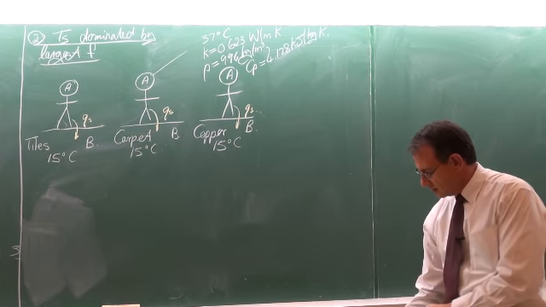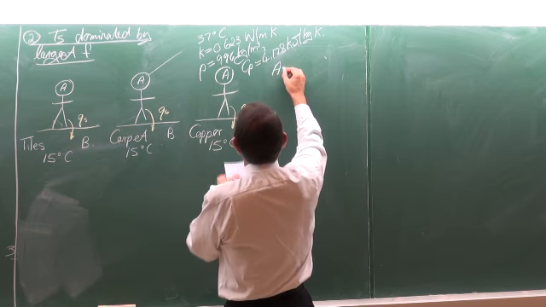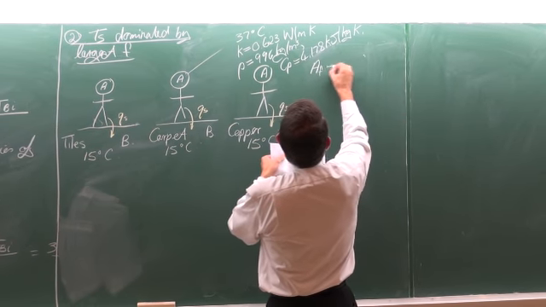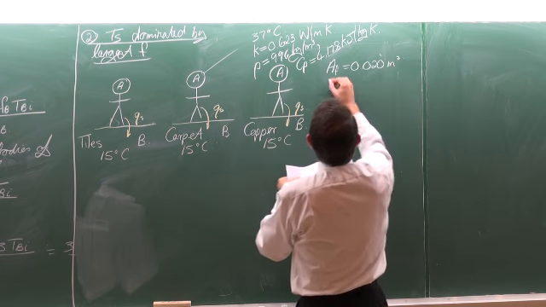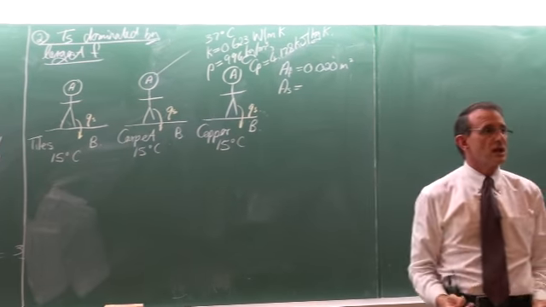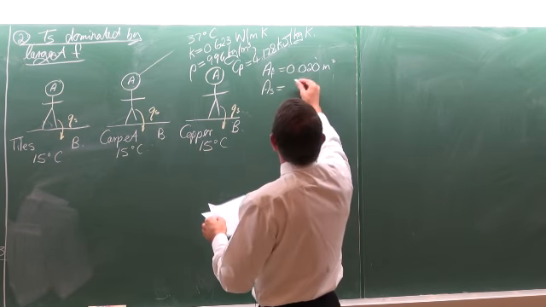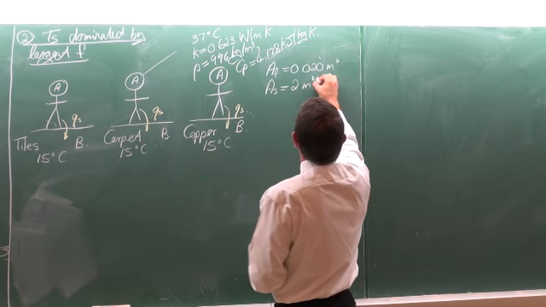And if your feet are about the same size as mine, then the surface area of one of your feet should be about 0.020 square meters. And the surface area of your body, the total surface area on the outside, is approximately 2 square meters. Okay.